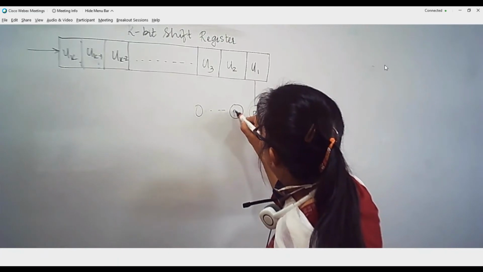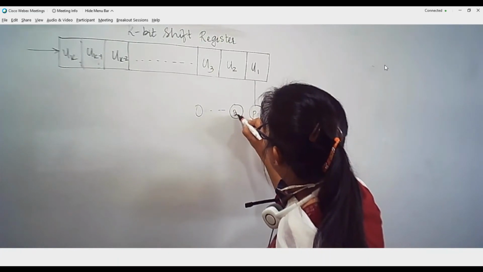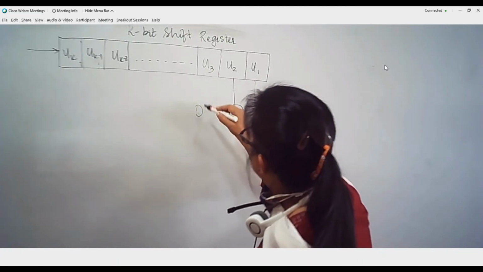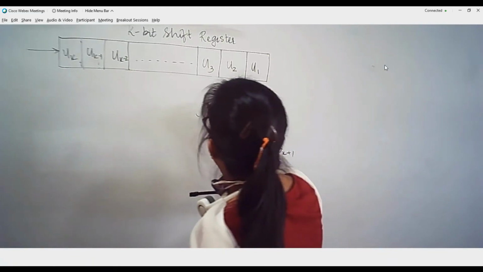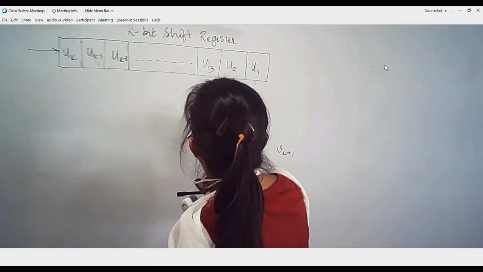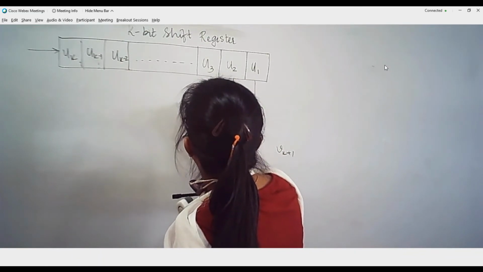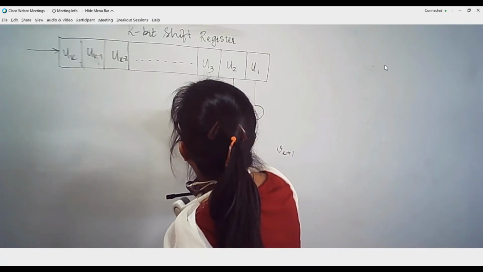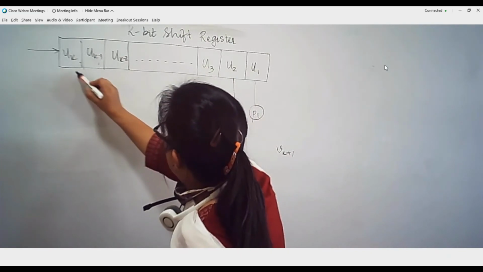Then U2 will be multiplied with P21. Similarly, U3 will be multiplied by P31. Then the last one is Pk1 into Uk.